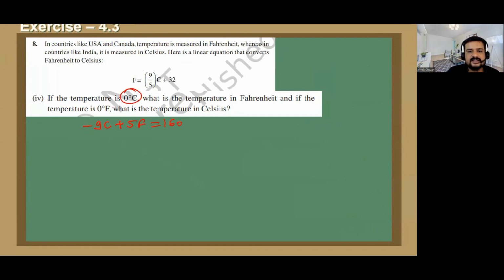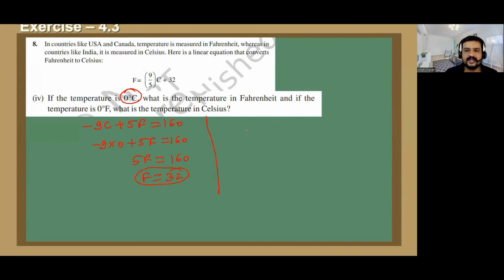Now 0 degrees Celsius, so in place of c, we will put 0. So minus 9 into 0 plus 5f is equal to 160. So 5f will be equal to 160. So f will be what? 160 divided by 5. So the answer is 32. When the temperature is 0 degrees Celsius, in Fahrenheit it is 32 Fahrenheit.